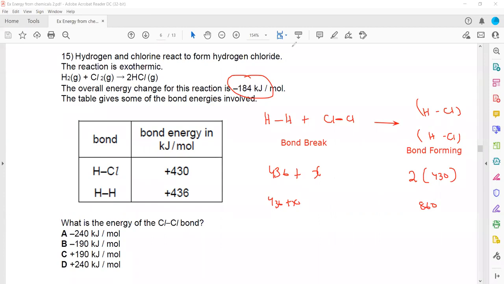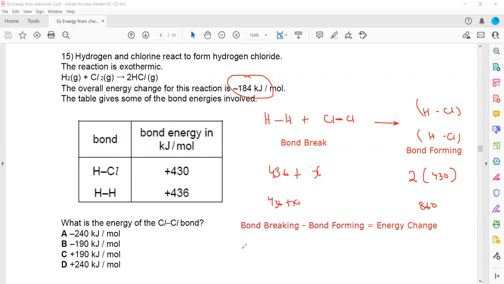Now we know the bond breaking minus the bond forming is equal to the energy change.